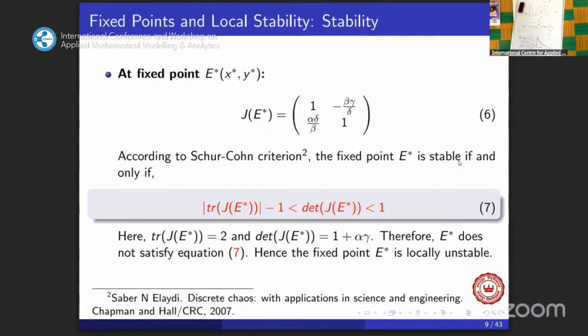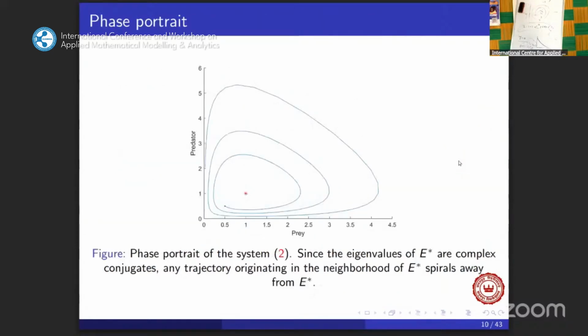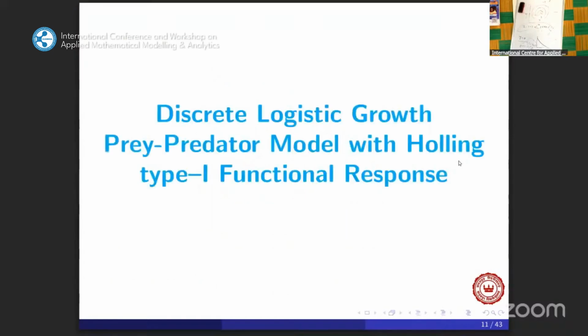That means the system is unstable, always unstable. Next. You can never get the system stable; we get oscillatory behavior. Now, we go to the next model.